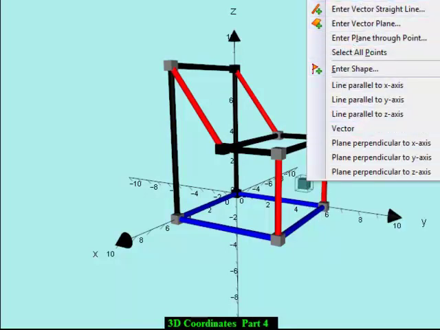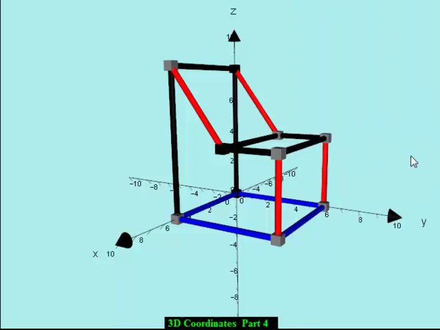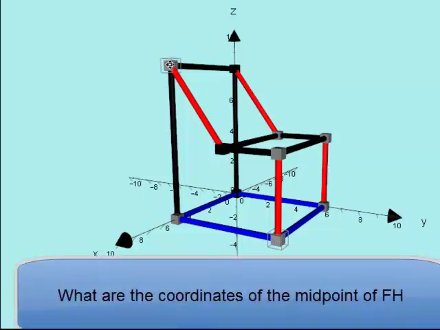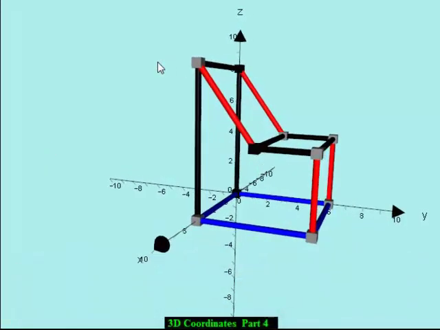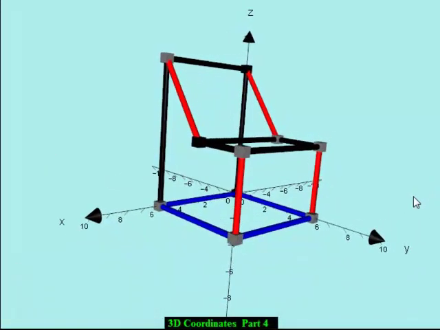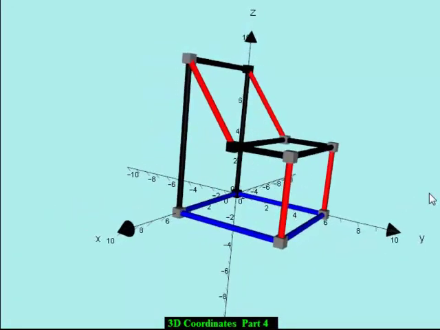Well, that completes the question, but I'd like to add something to it. What do you think the coordinates of the midpoint of H and the point F are? Would it help if I turn that around like that? Can you see it?